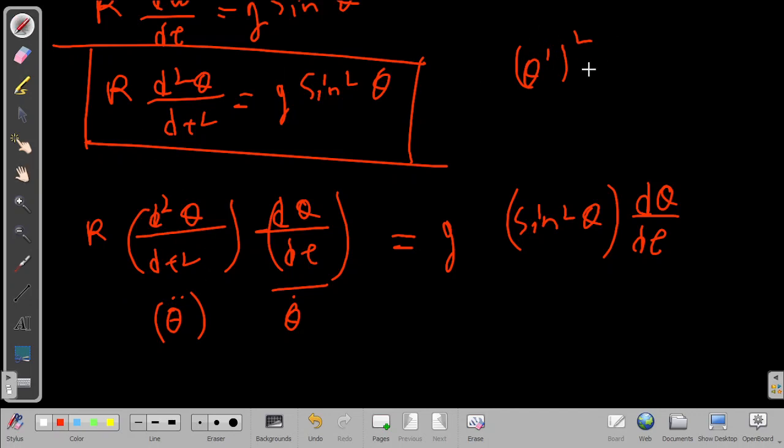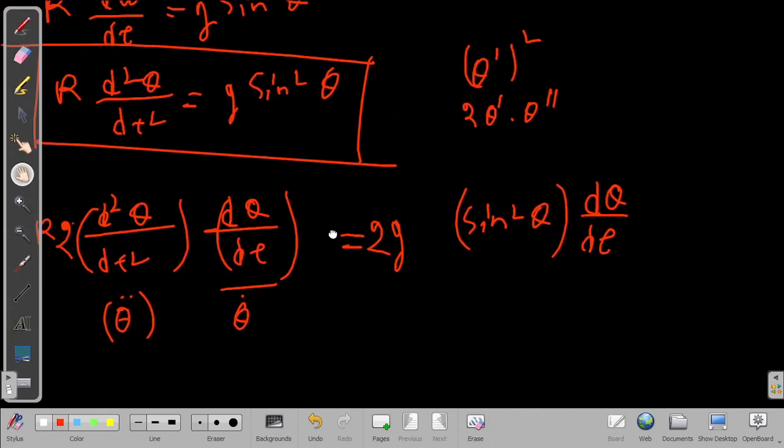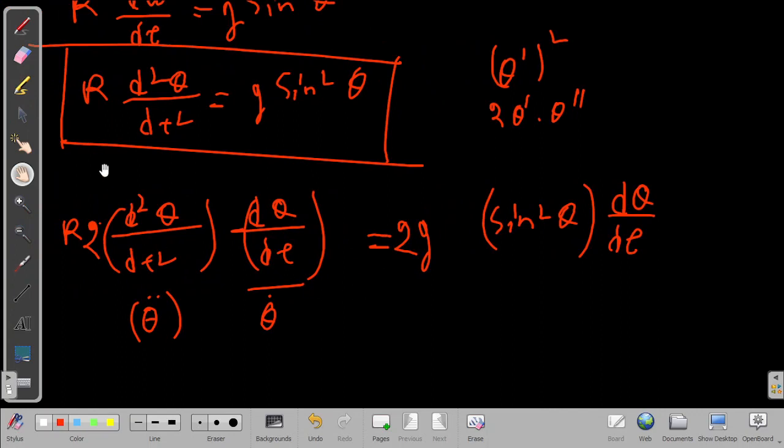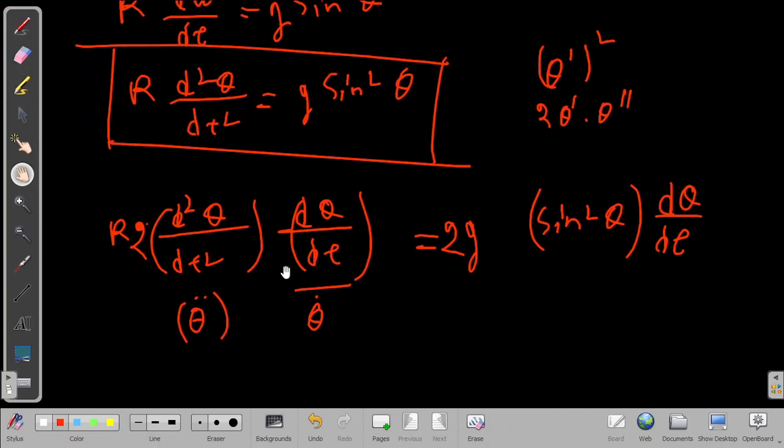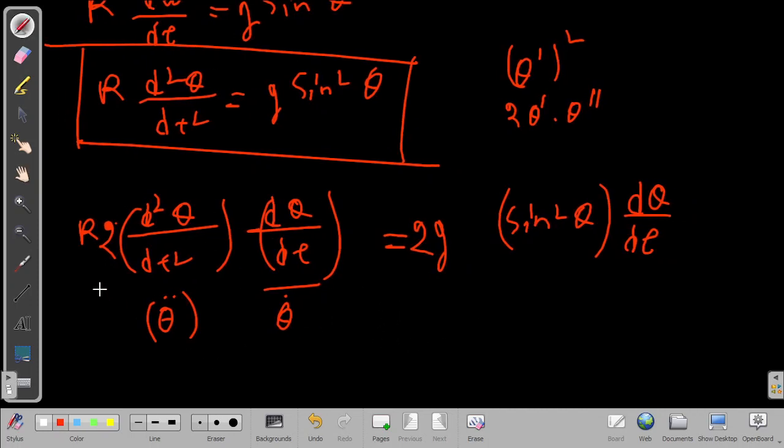If we try to differentiate theta dot square, this would be 2 theta dot into theta double dot. So now we need a 2, so let us multiply 2 on both sides. I think this is a very crucial part, so I do not want to make any mistake.